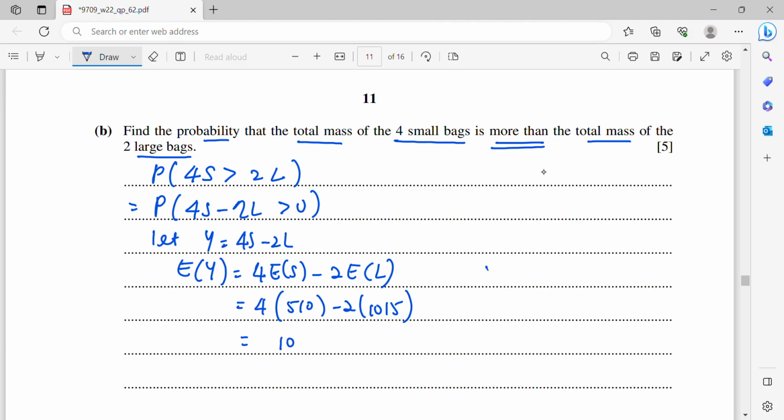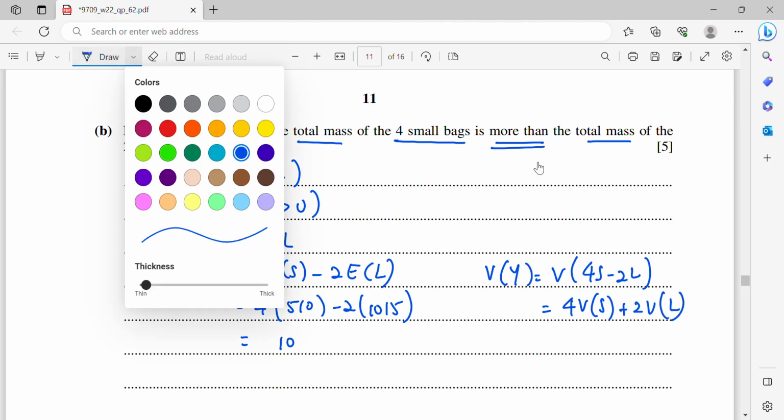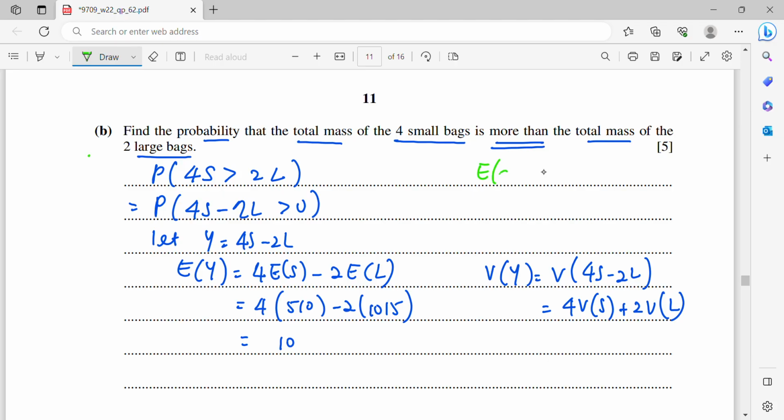Okay, so variance of Y. Be careful with this, so maybe I just show you step by step. Here is going to be the variance of 4S minus 2L. So it will be 4 variance S plus 2 variance L. Due to this reason: for information, E(AX plus minus BY) is going to be AEX plus minus BEY.